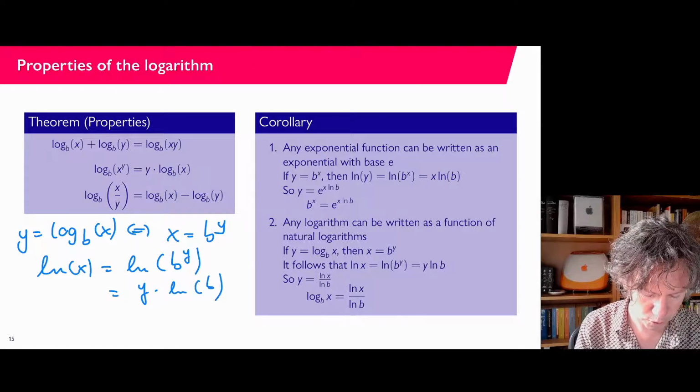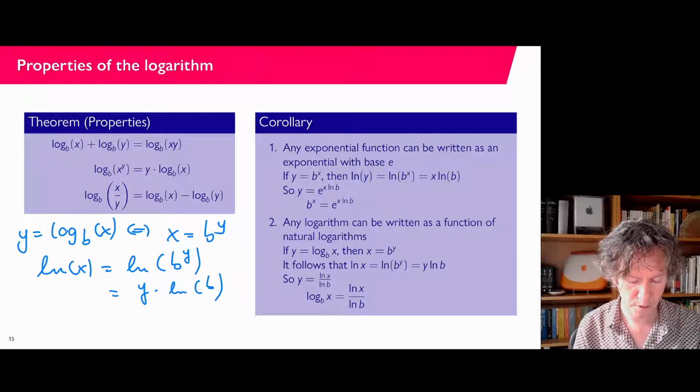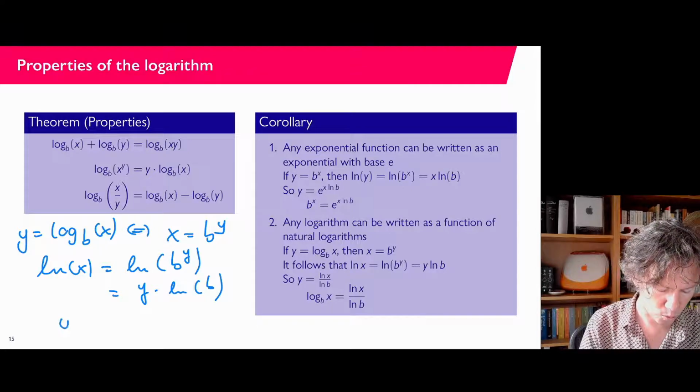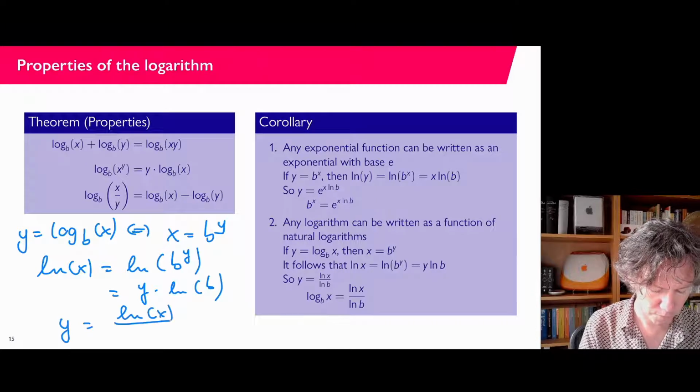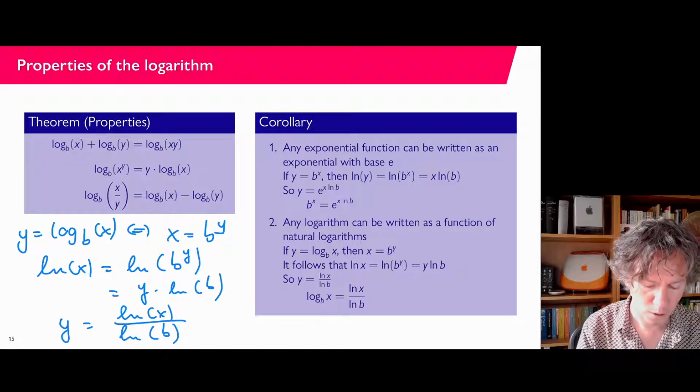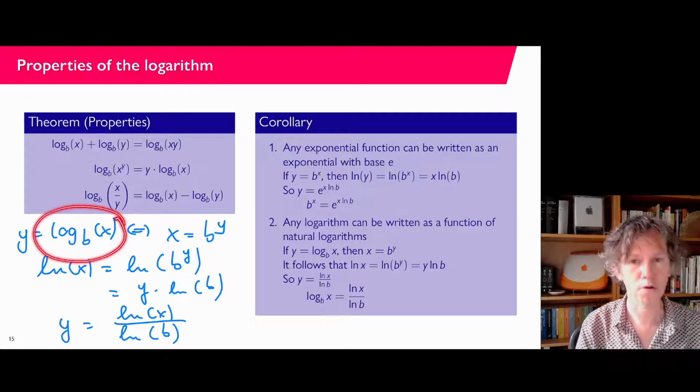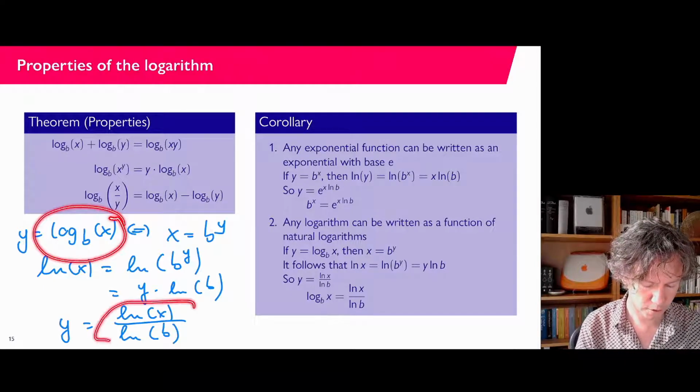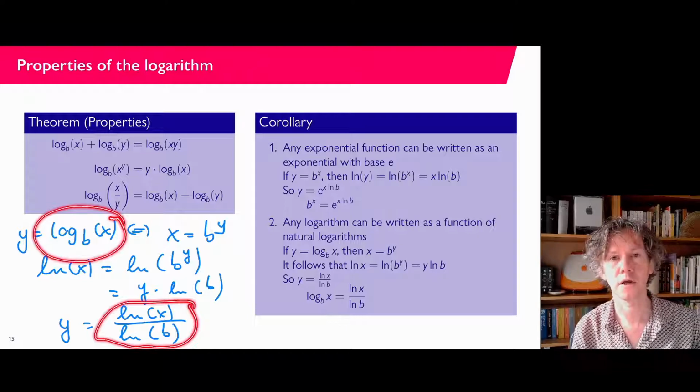That's one of the properties of the logarithm. So I find that y equals ln x divided by ln b. So again, if I have the b log of x, I can also write that in terms of natural logarithms like this.